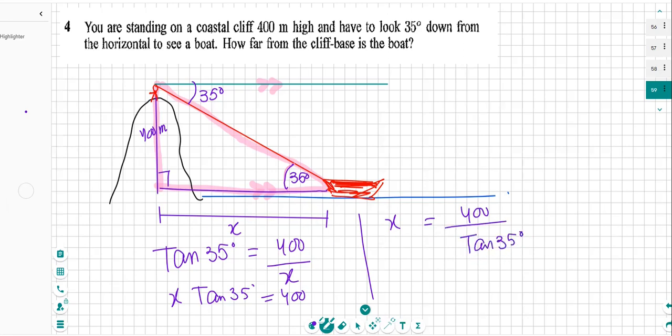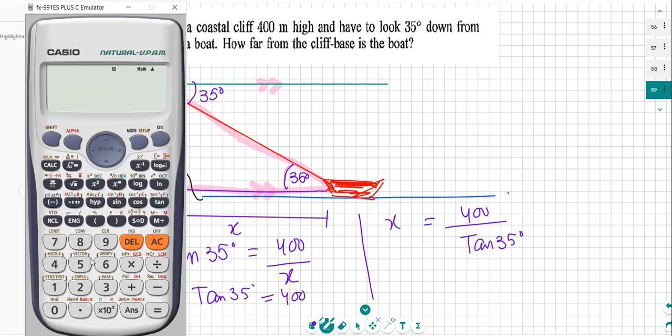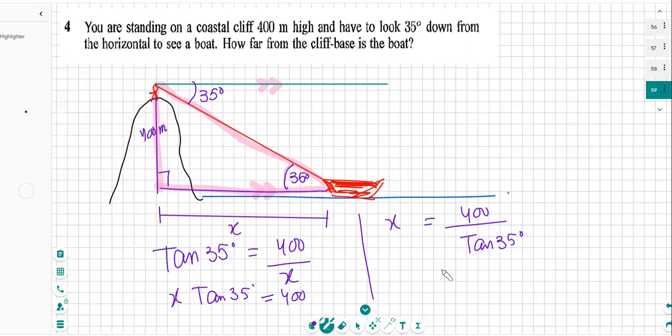Got it? Yeah. So we're calculating it, 400 over tan 35, 571.26 meters. So if I write it in 3 significant figures, this will be 571 meters approximately, right? Yeah.